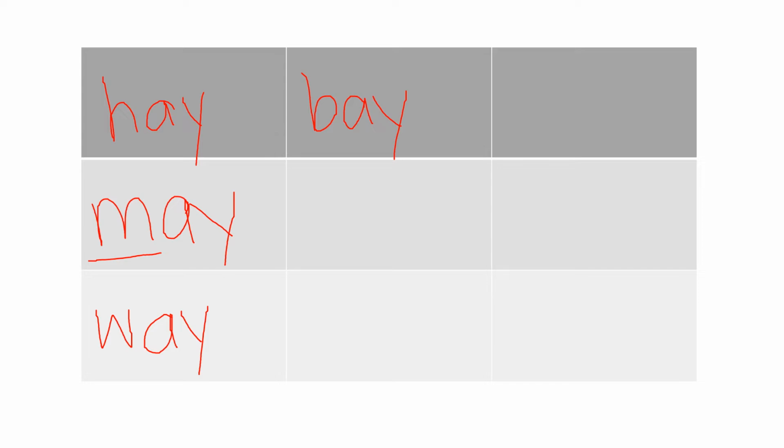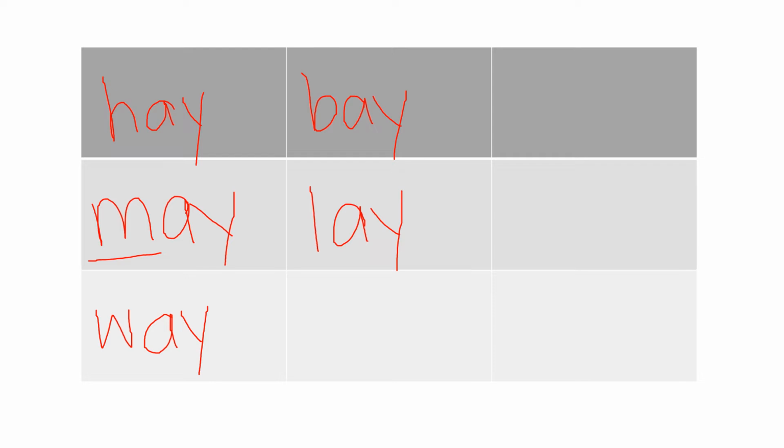Change bay to lay. Lay. There's your beginning sound. Change from B to L. Now remember, you only have to erase one letter and replace that one letter. Change lay to clay. Clay.